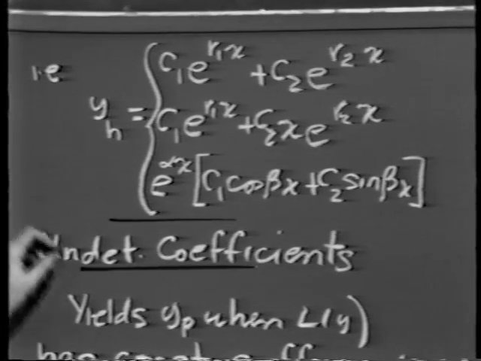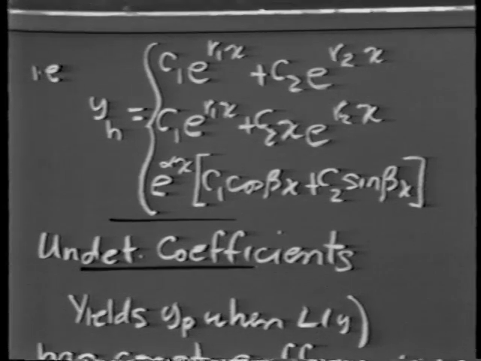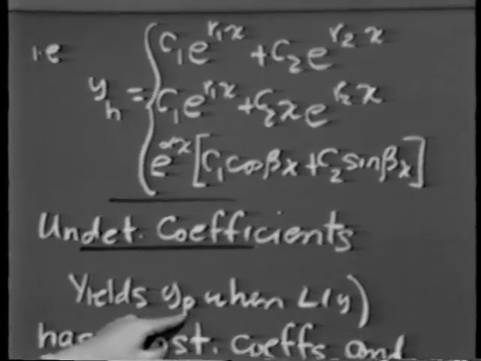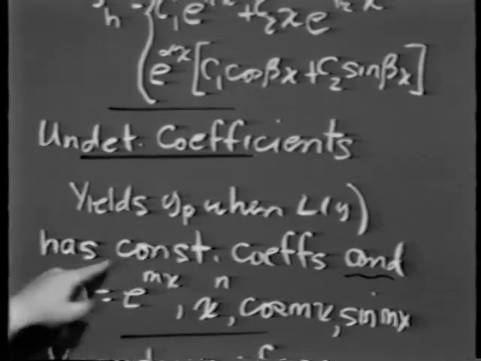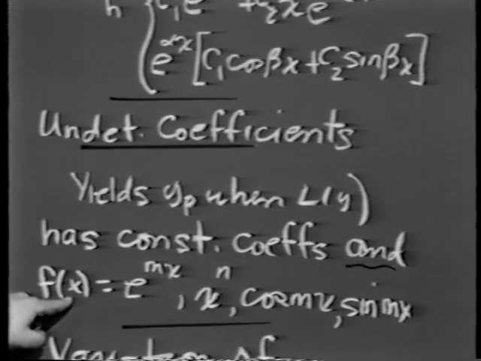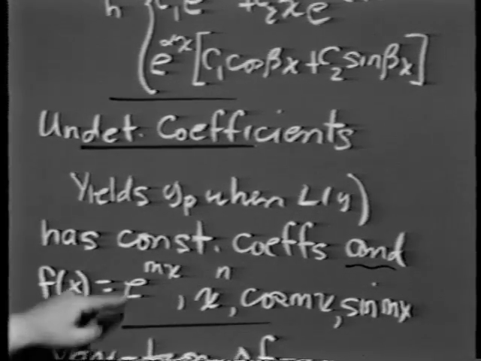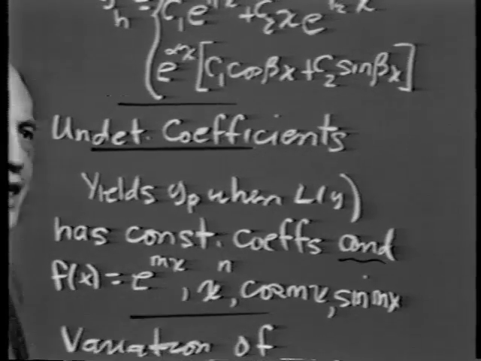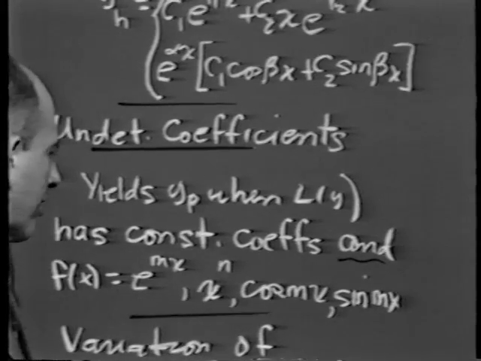Okay? As far as y sub p was concerned, recall that the method of undetermined coefficients yields y sub p when L of y has constant coefficients and when f of x has the very special form e to the mx or x to the n or cosine mx or sine mx.